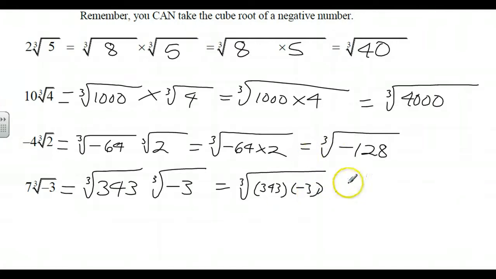And that is the cube root of negative 1029, right? And remember, the cube root of a negative is negative. So we'll have a negative, or in this case, with the simplified, we can leave the negative underneath there. Either one is acceptable.